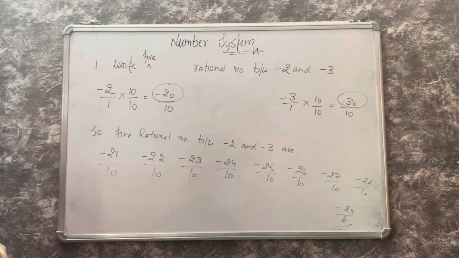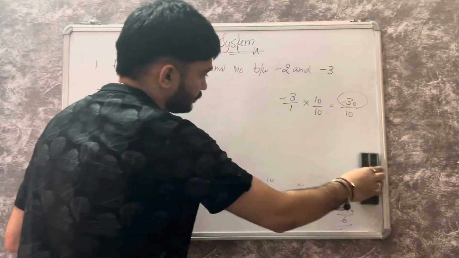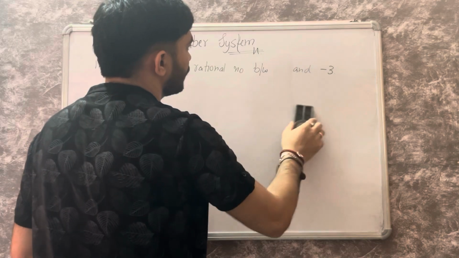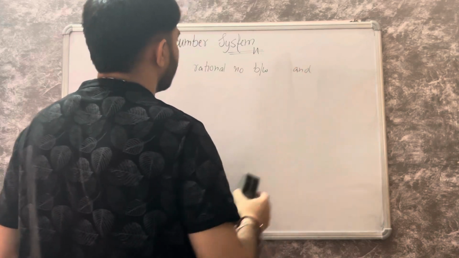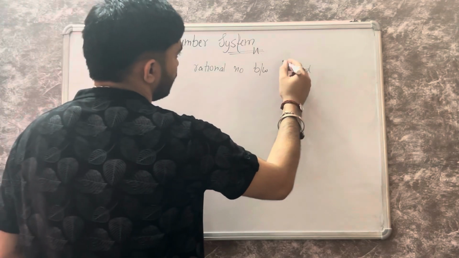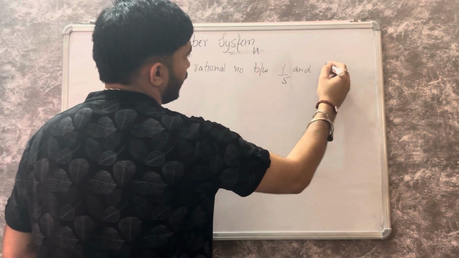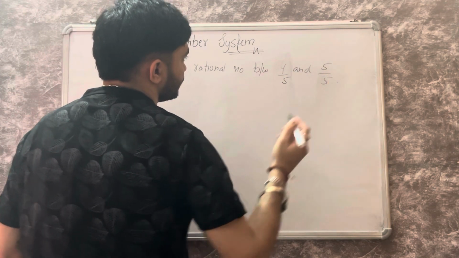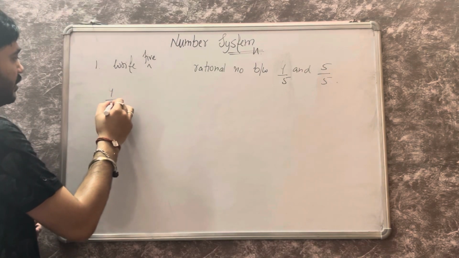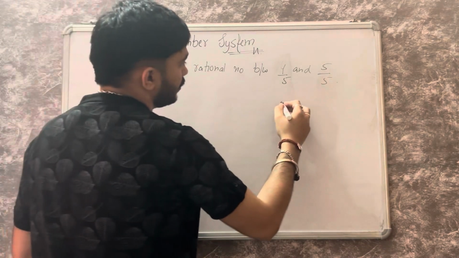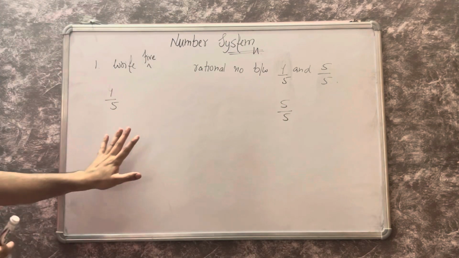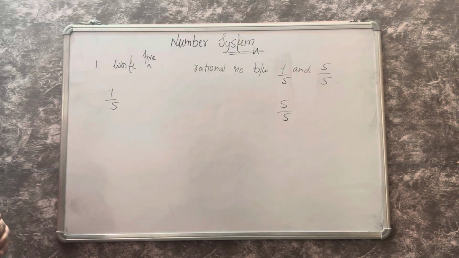Now let us move forward. And say, write all the rational numbers between 4 upon 5 and 5 upon 5. So 4 upon 5 is already given in rational number form, and 5 upon 5 is already given to us in rational number form.